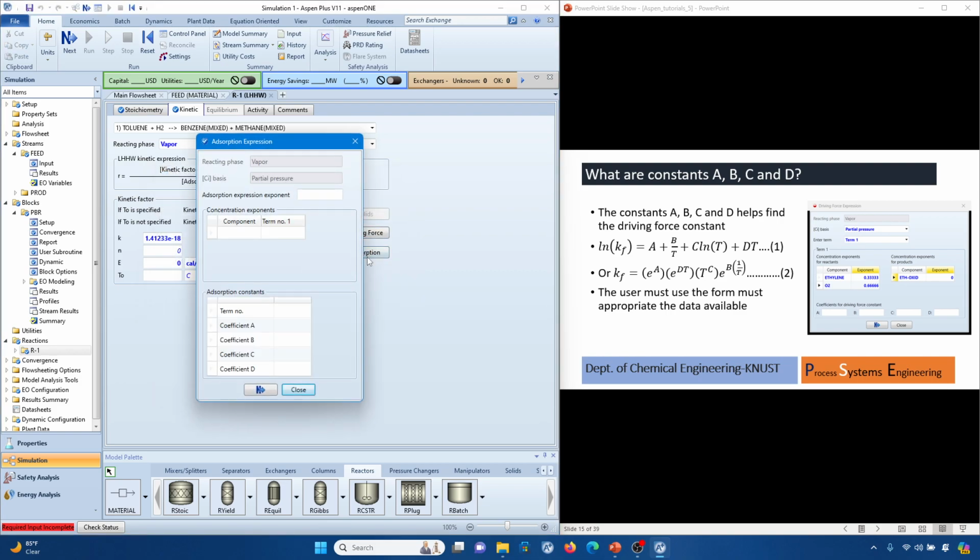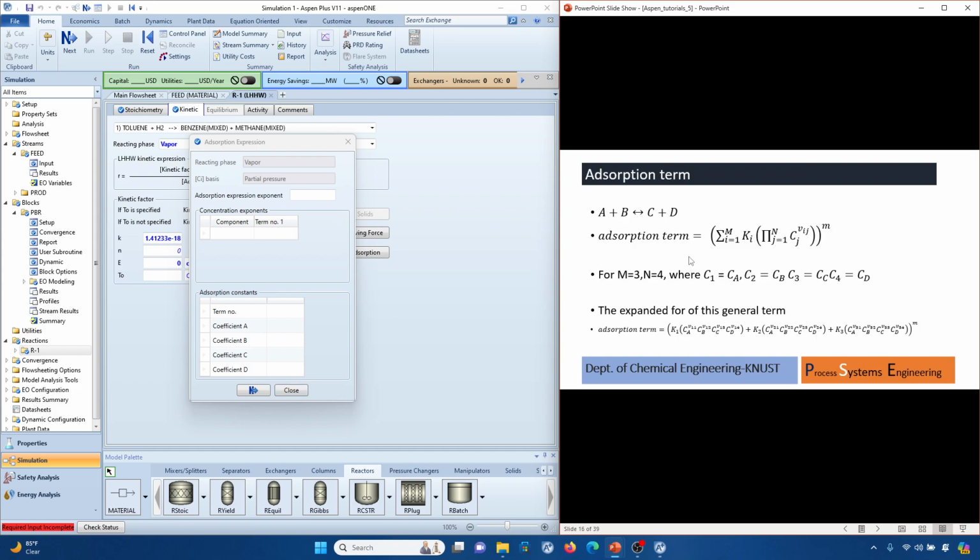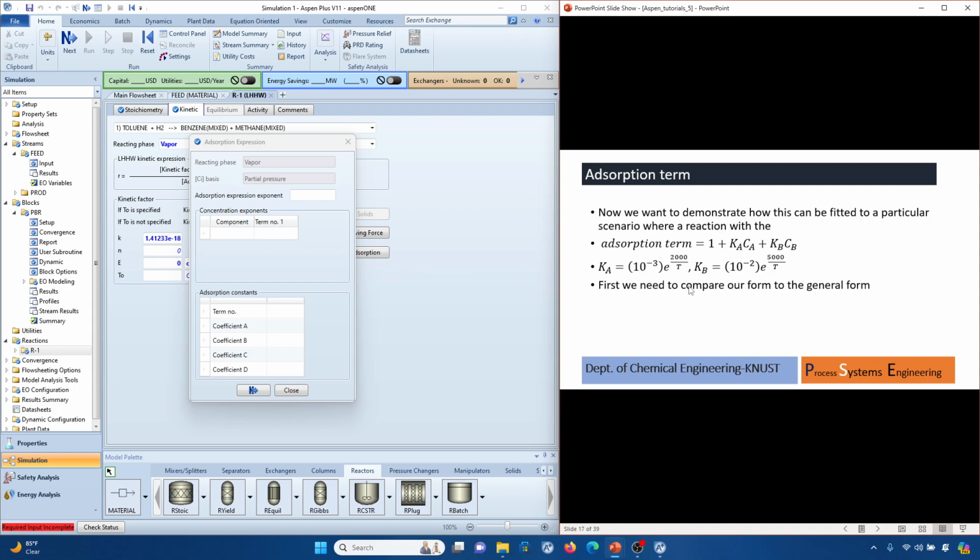The next thing is our absorption term, right? And if we look here, the absorption term is usually expressed as a sum, and the terms in the summation are products of constants and concentration terms for the terms in the absorption.